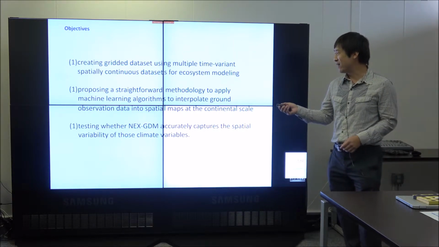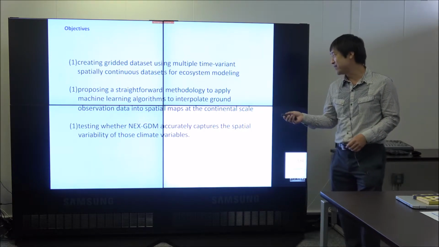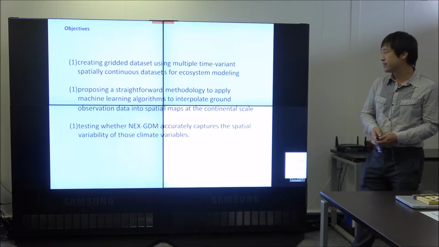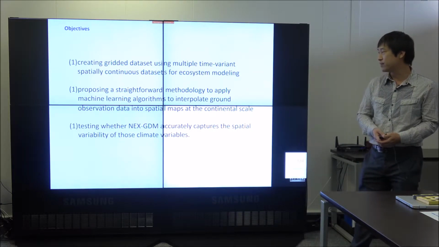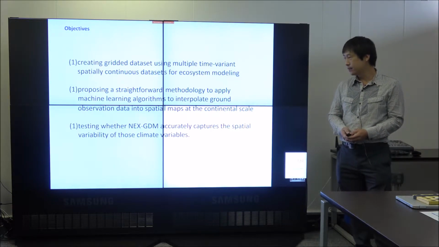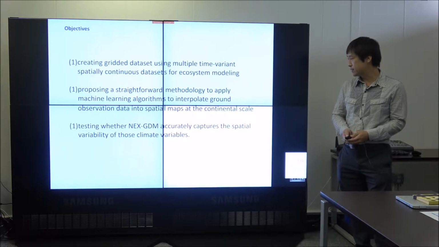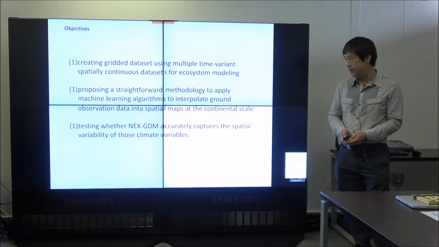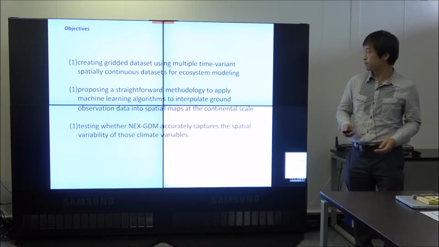Second, proposing a straightforward methodology to apply a machine learning algorithm to interpolate ground observation data into spatial maps at the continental scale. The third is testing whether NEX-GDM accurately captures the spatial variability of those climate variables.